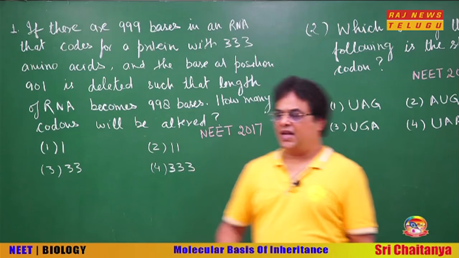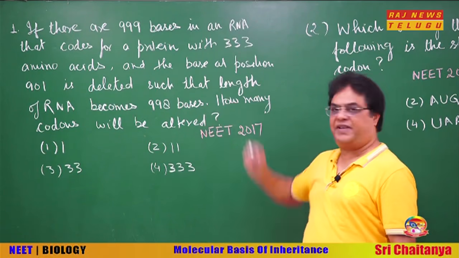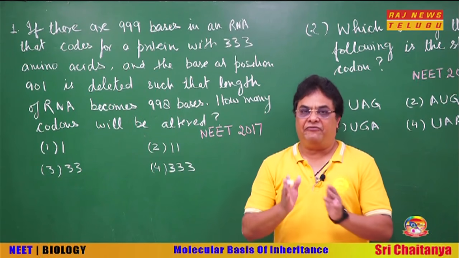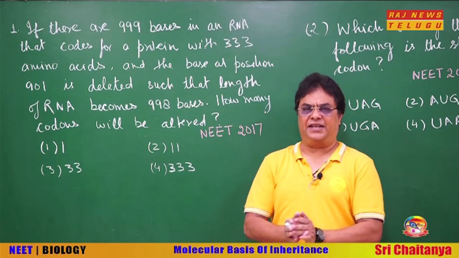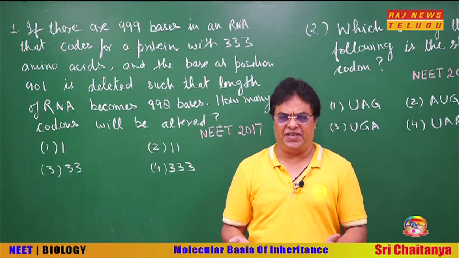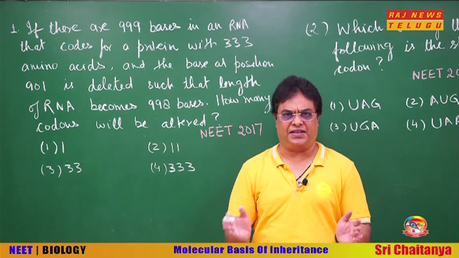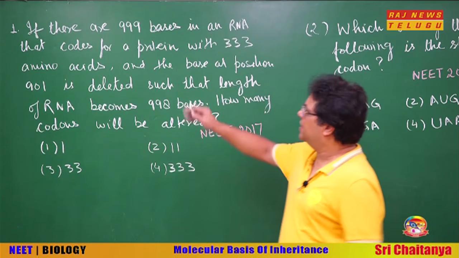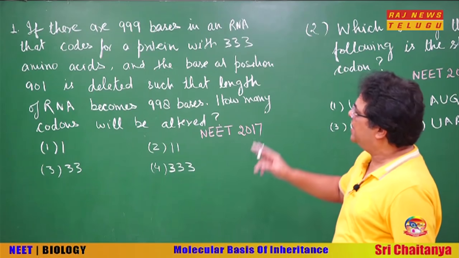Now students, I have come up with two questions that were asked in previous years' NEET examination. One of them you may find a bit difficult and the other one you may find very easy. So, I just brought them to show that all types of questions are asked in the examination. Okay, see, the first question was asked in NEET 2017.